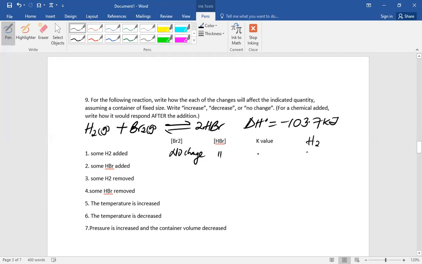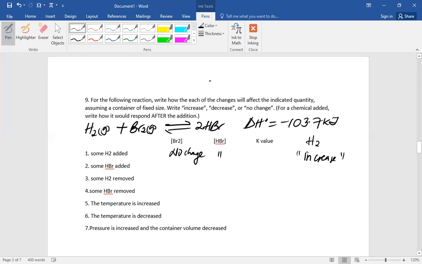So now what will be the change on the K value? If we increase some more H2, then H2 has increased, so here there's an increase. But how about the reaction?